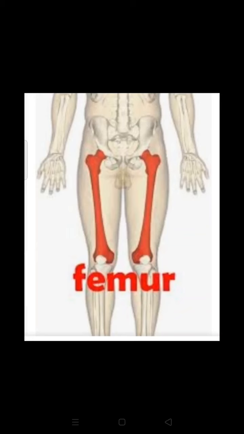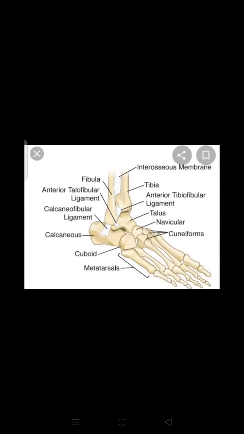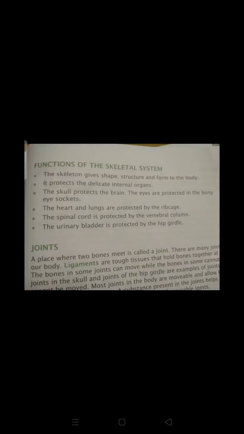The upper end of the femur bone is connected to the hip girdle. The lower end of the femur bone is connected to the lower leg. Our feet, ankles, and toes are made up of several small bones.